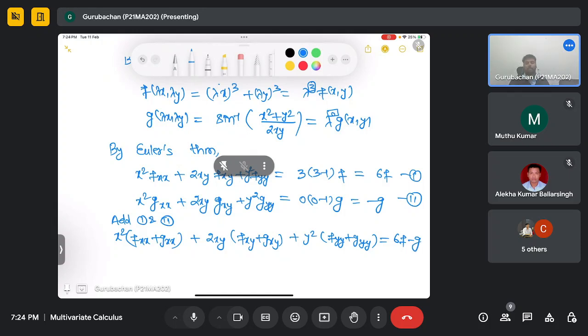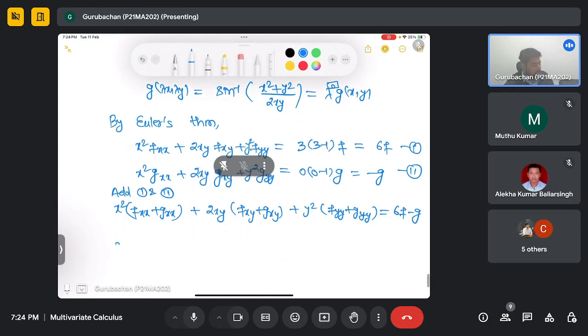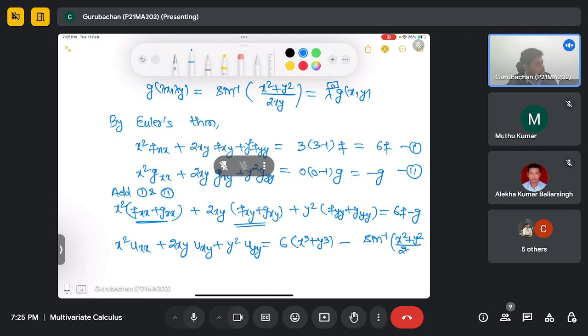Or you know that by the algebra of derivatives, we can say that this is nothing but u_xx, and this is nothing but u_xy, and the last one will be u_yy, which will give us 6 times of x cube plus y cube minus sine inverse x square plus y square divided by 2xy. I hope everybody is clear with this.